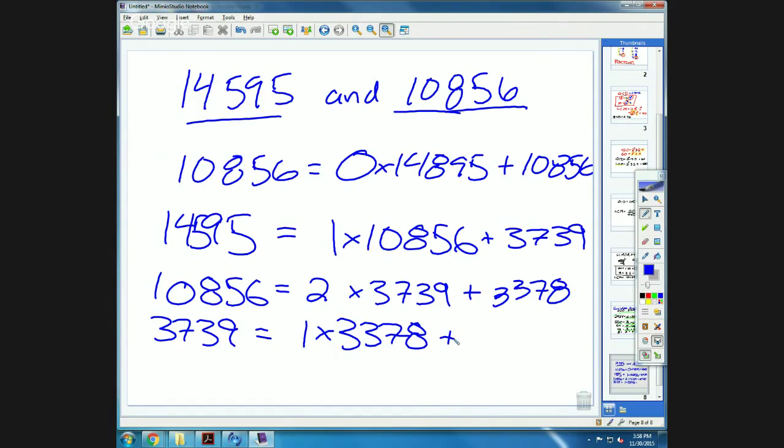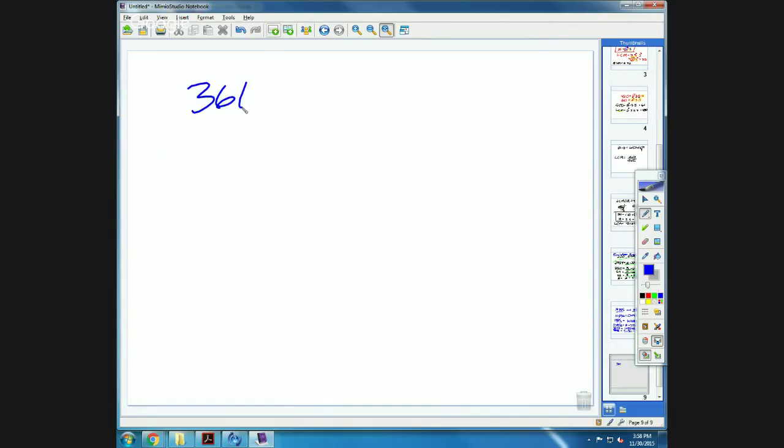Plus, okay, then we take 361 into 3378. 9 times 361 plus 129. Okay, so 129 goes into 361, plus 103.